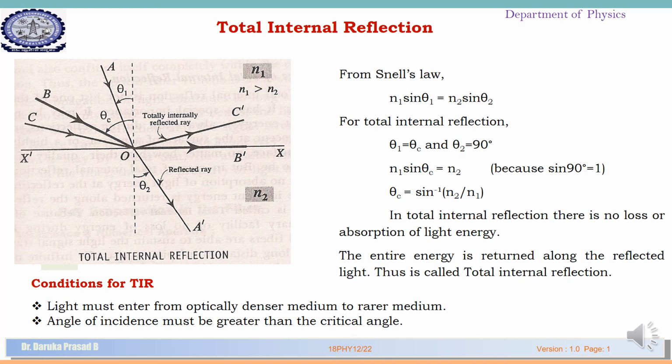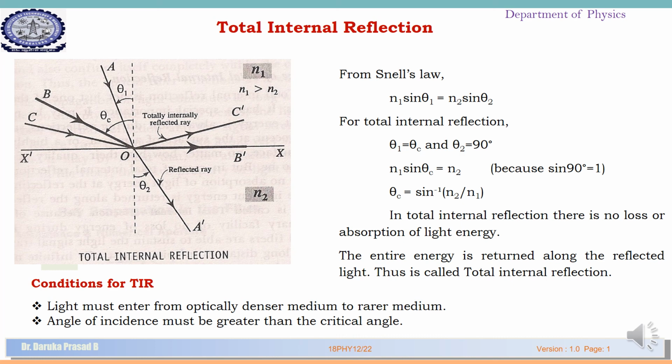That means OB dash will not enter the second medium, nor will it reflect back to the first medium. It just grazes the surface, which means it makes an angle of 90 degrees with the normal. The angle of refraction, theta 2, becomes 90 degrees for a particular case called the critical angle. Theta c is the critical angle. So this you should consider to explain total internal reflection.